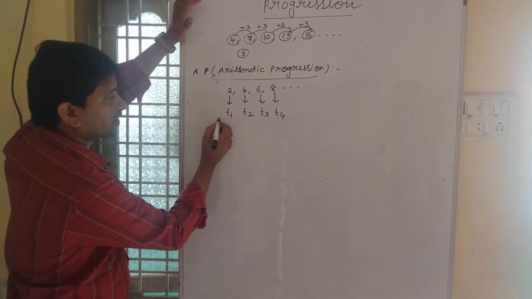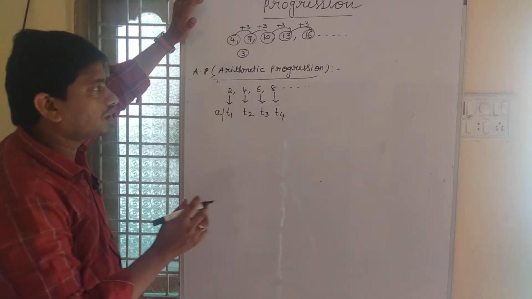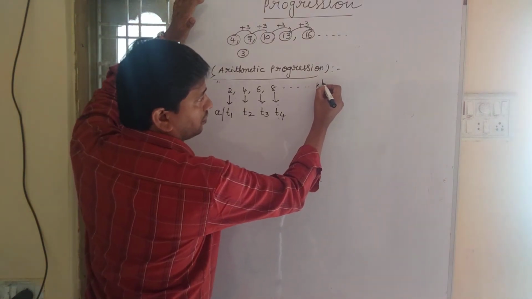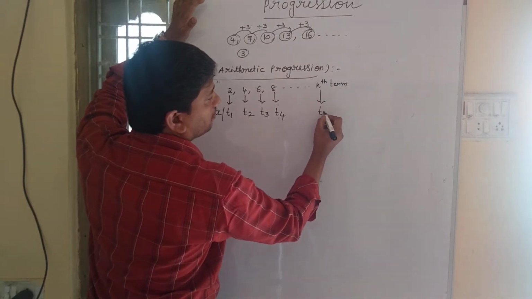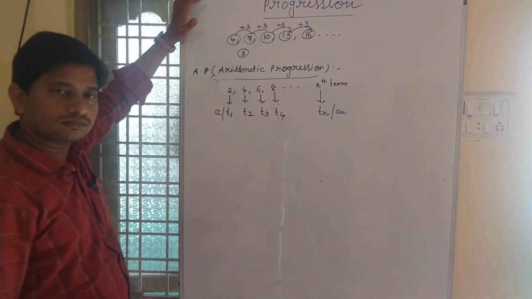So the first term we can also call A. If you want to find the nth term, that is going to be represented by Tn, or we can also represent it as An.